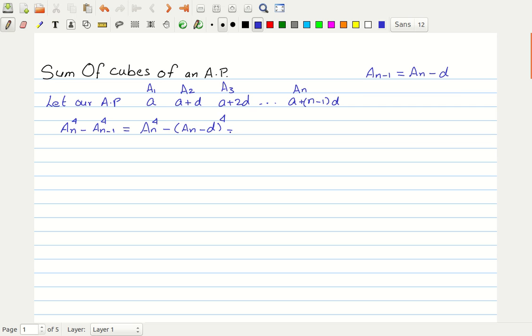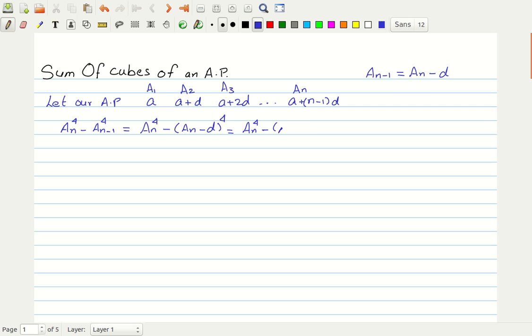Now this I can write as a n to the power 4 minus, now you can see this is a minus b to the power 4. So we have already seen how to do the expansion of a plus b to the power 4. We'll just use that formula.